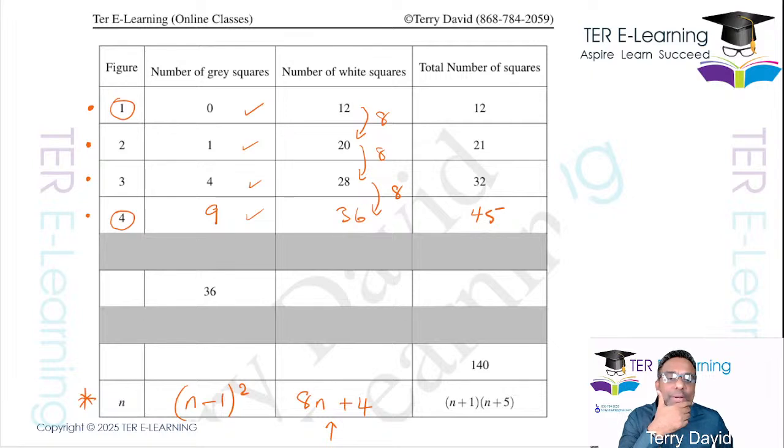This is what we call the investigation type question. Now we need to work out the rest of the table.